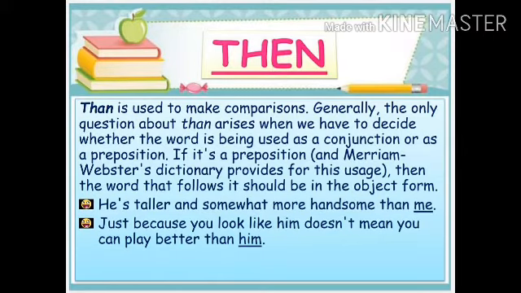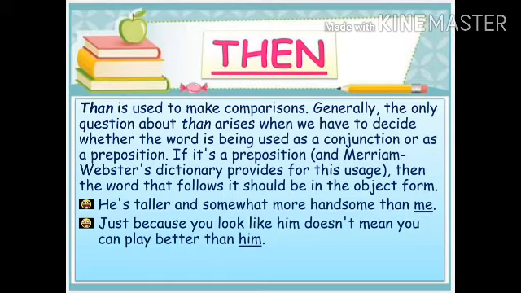Let's move on to the next one. Sorry, here is a typographical mistake. It is not "then," it is "than." Than is used to make comparison. Generally, the only question about than arises when we have to decide whether the word is being used as a conjunction or as a preposition.